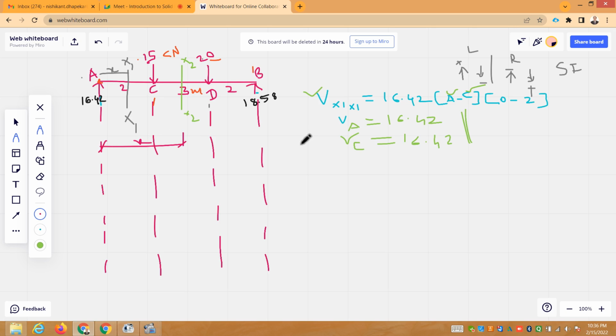So your master equation here will be shear force x2. This shear force x2 will be equal to, first of all, 16.42, section left upward positive, so it is 16.42.